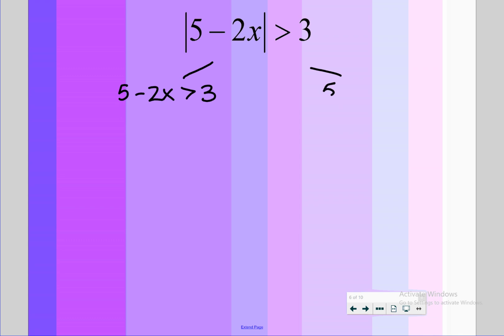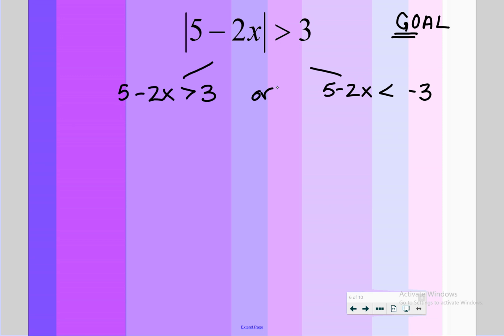My other one, 5 minus 2x, this time I'm going to compare it to a negative 3, multiply by that negative, and my sign flips. Am I going to use and or or? Or. My absolute value is greater than, so we use an or to connect the two.